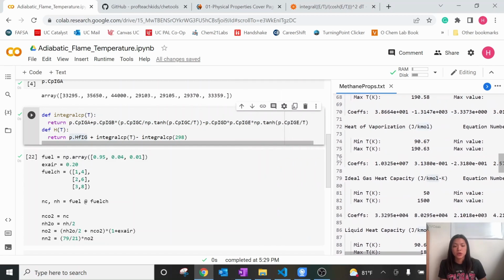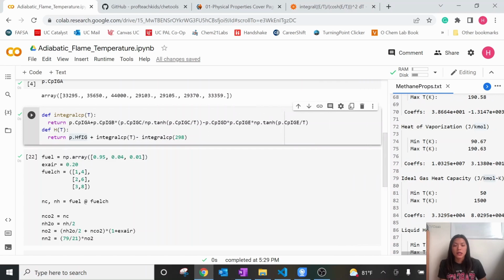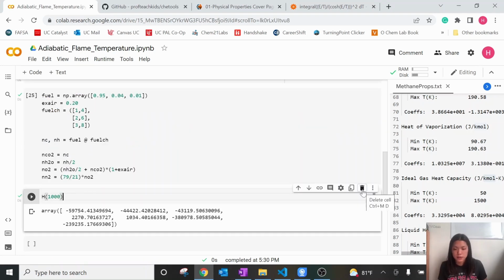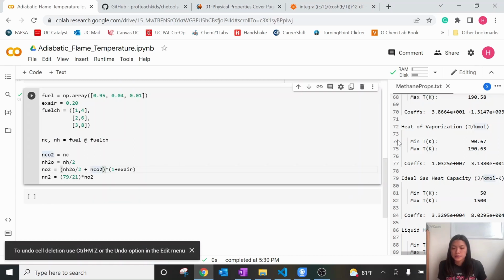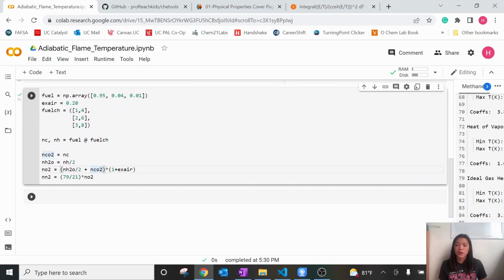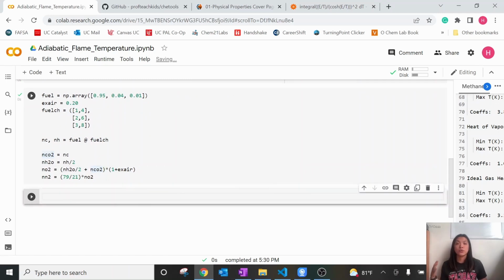And so what we have to do to account for that error is to divide the entire heat capacity equation by 1,000, and that will give us actual accurate values. And so now that we have corrected their error, we can move on to calculating the number of moles going in and the number of moles going out.